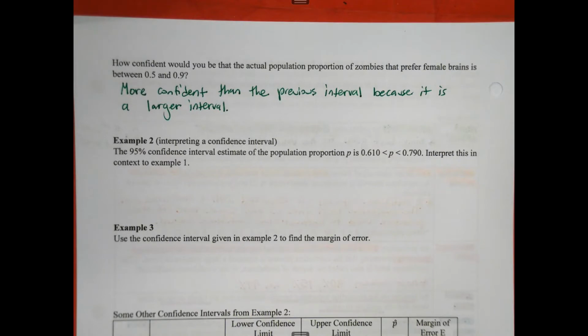Example number 2, the 95% confidence interval estimate of the population proportion P is 0.610 is less than P, which is less than 0.790. Interpret this in the context of example 1. We will learn how to find our confidence interval, but for today, we're just going to understand how to talk about a confidence interval.